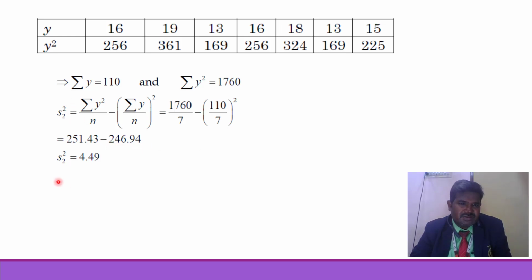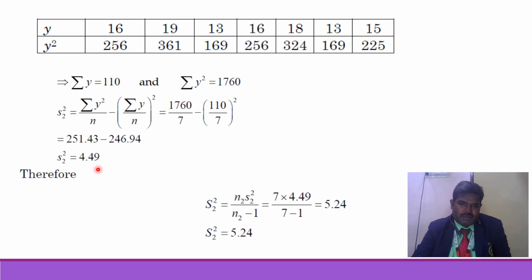Therefore, simplifying this, we get S2 square equal to 4.49. Based on this we can calculate capital S2 square, which is n2 S2 square divided by n2 minus 1. So 7 into 4.49 divided by 7 minus 1. By using a calculator we get 5.24. So capital S2 square value is 5.24.